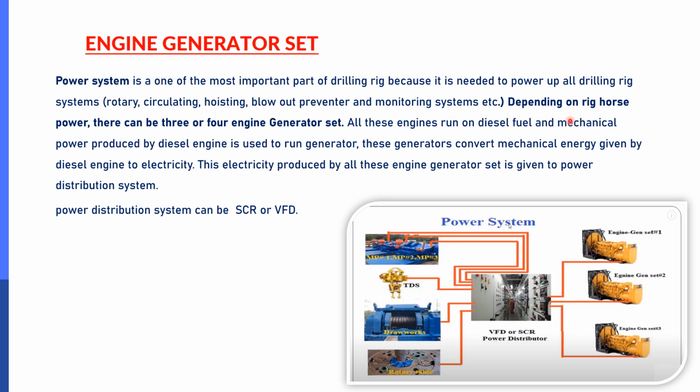Depending on the rig horsepower, there can be 3 or 4 engine generator sets. All these engines run on diesel fuel, and the mechanical power produced by the diesel engine is used to run the generator. These generators convert mechanical energy given by the diesel engine to electricity.